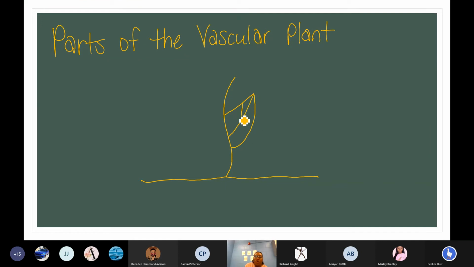We want to draw a plant that has a stem, leaves, and roots. And let's make sure we label our picture.